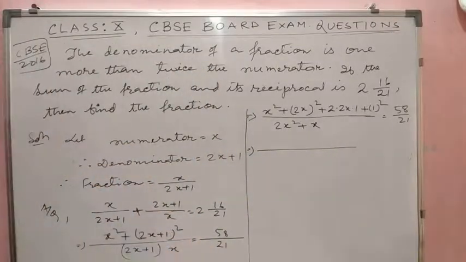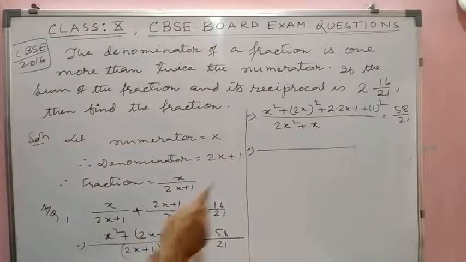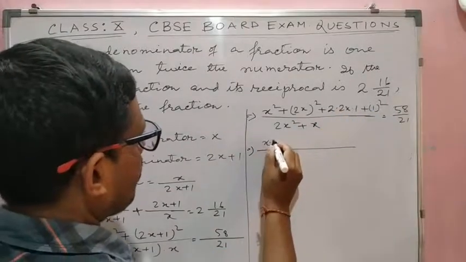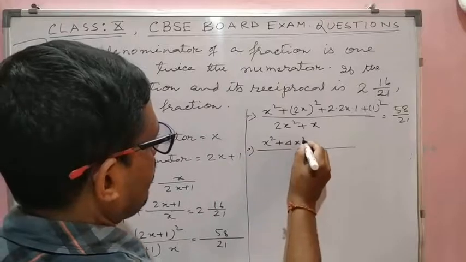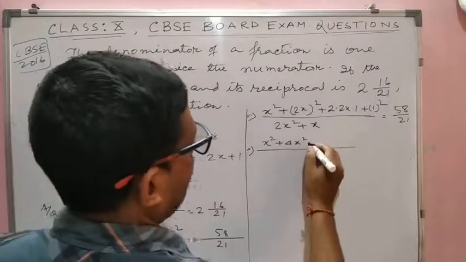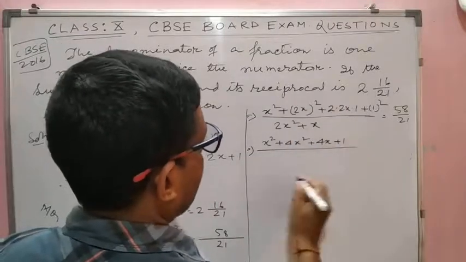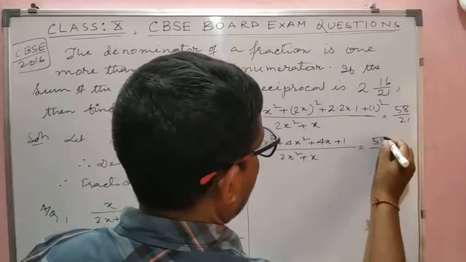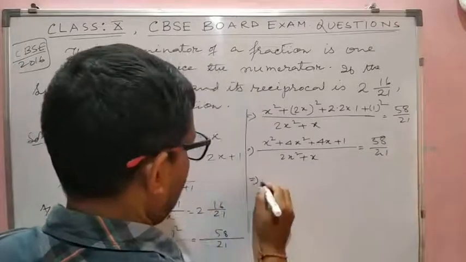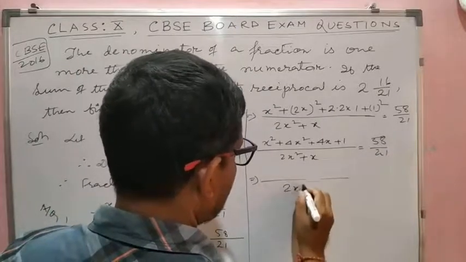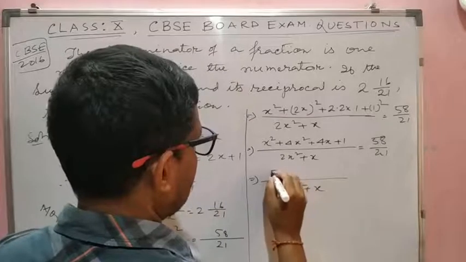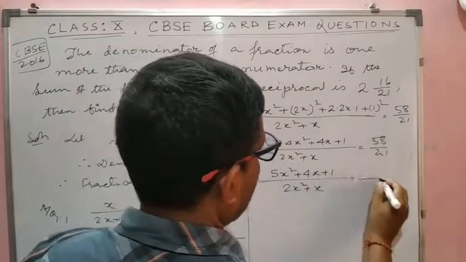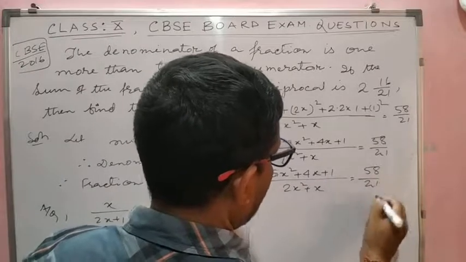Breaking it, a plus b whole square gives a square plus 2ab plus b square. So it will be 4x square plus 4x plus 1, and the denominator 2x square plus x, equal to 58 by 21. Now it will be 5x square plus 4x plus 1 over 2x square plus x, equal to 58 by 21.